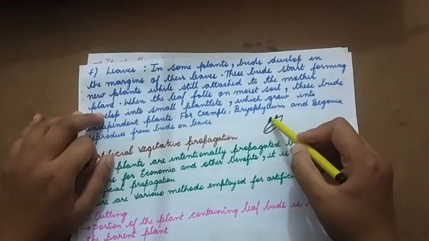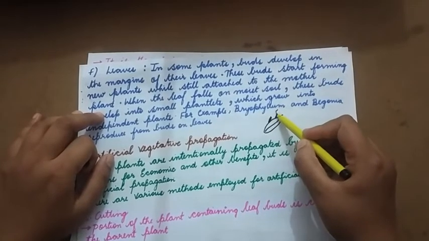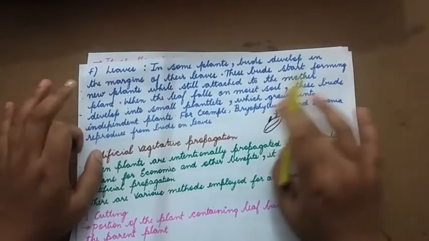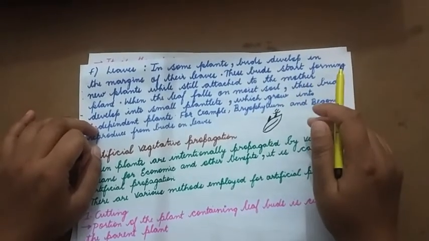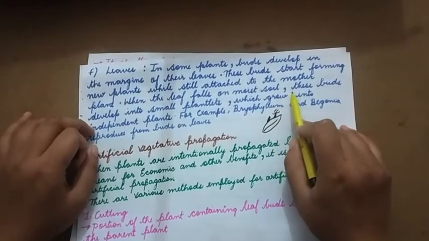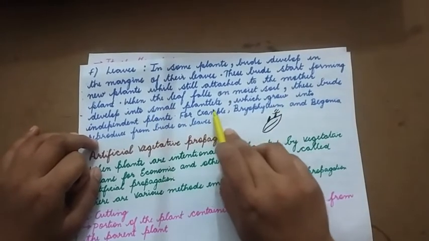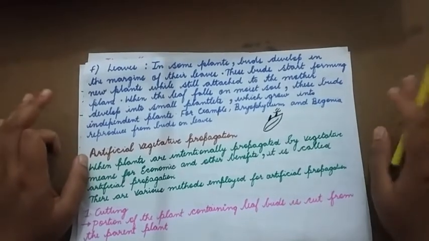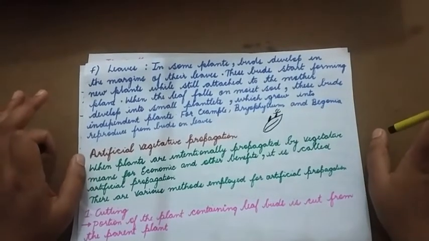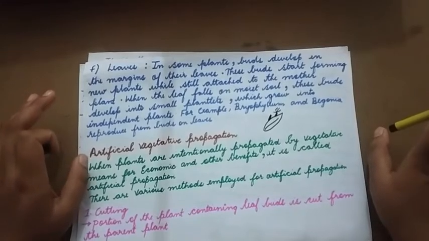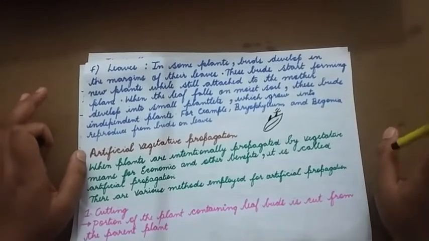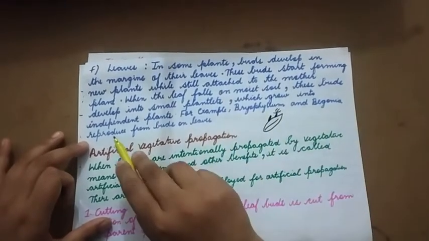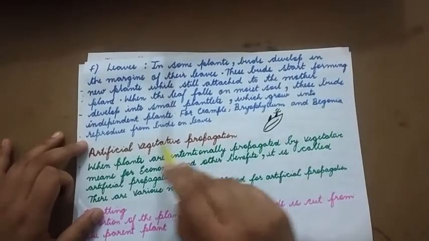Slowly they detach from the mother plant and fall on the moist soil, and develop into small plantlets which grow into independent plants. Examples are bryophyllum and begonia. They reproduce from buds on leaves.